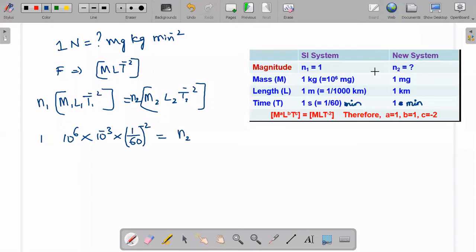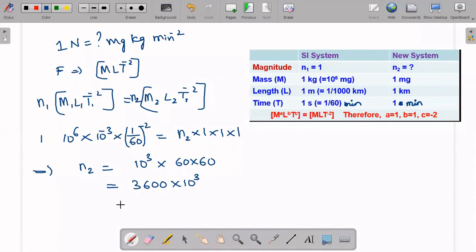All the others are 1, so I am writing 1 1 1. Now n2 is equal to 10 to the power of 6, 10 to the power of minus 3 becomes 10 to the power of 3, into 1 by 60 all to the power of minus 2. This 1 by 60 to the power of minus 2, when it goes up, becomes 60 to the power of 2, that is 60 into 60, which is 3600, into 10 to the power of 3.